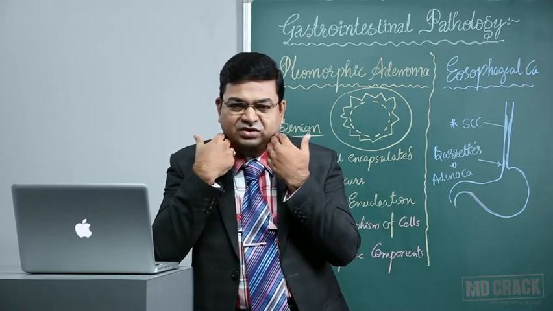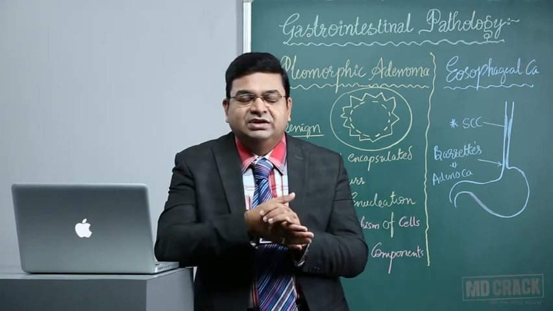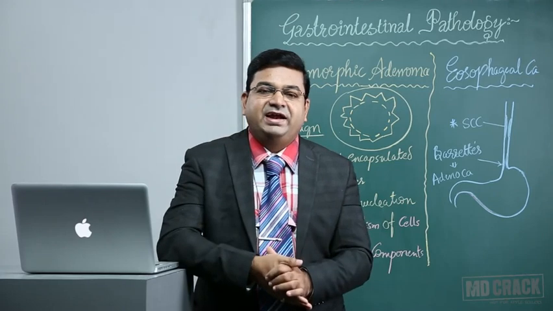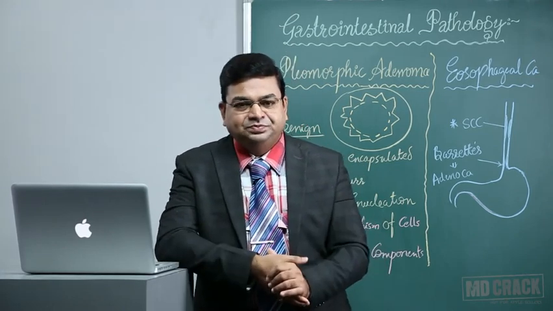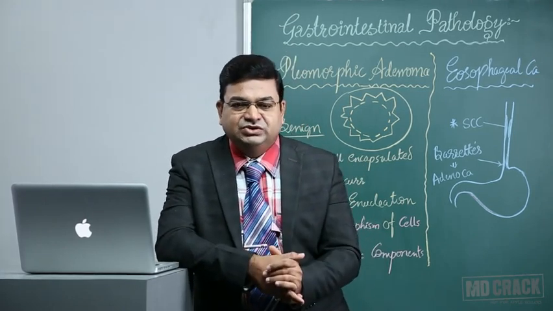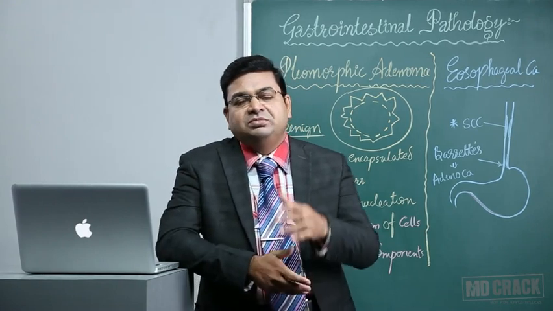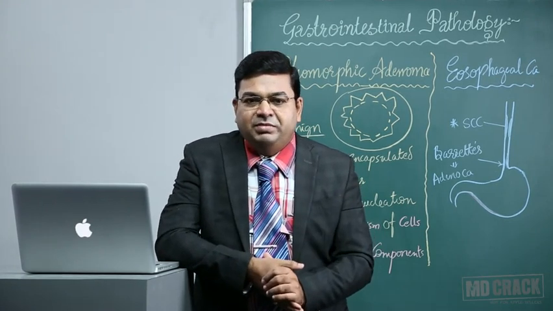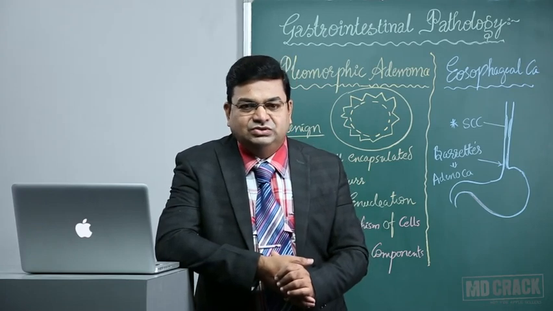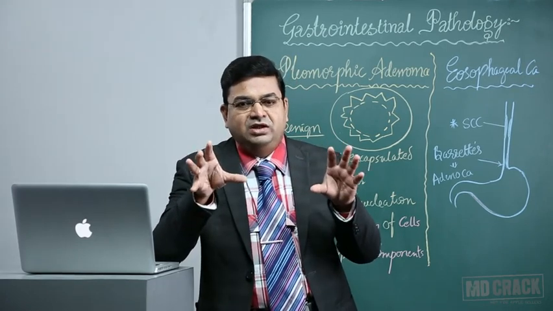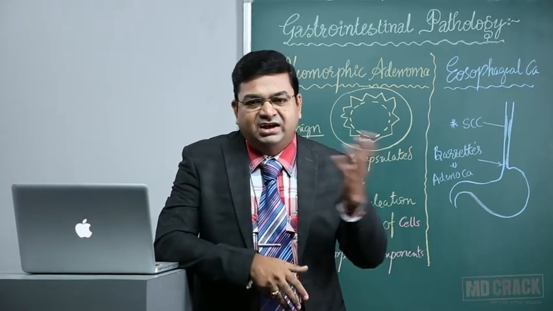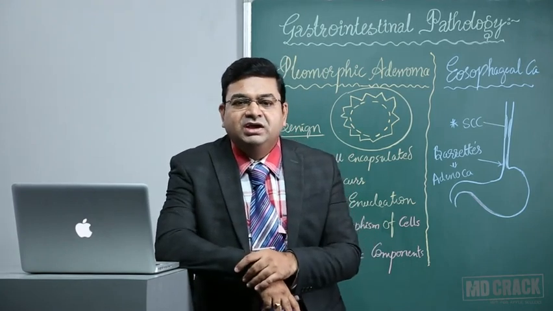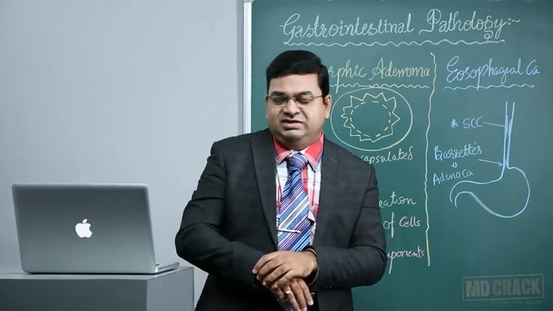There will be dryness of the oral cavity and dryness of the eyes due to infiltration by the autoreactive T lymphocytes. Rarely, Sjogren's syndrome can even progress to the development of non-Hodgkin's lymphoma. This polyclonal population of lymphocytes can turn monoclonal and form NHL.